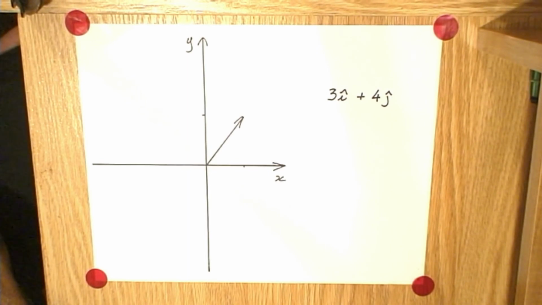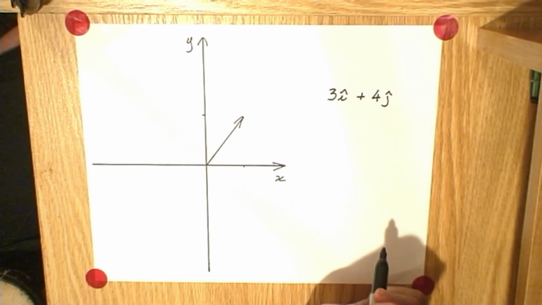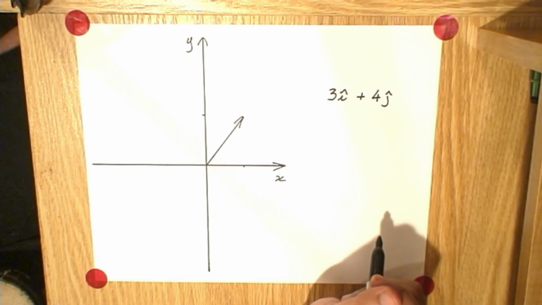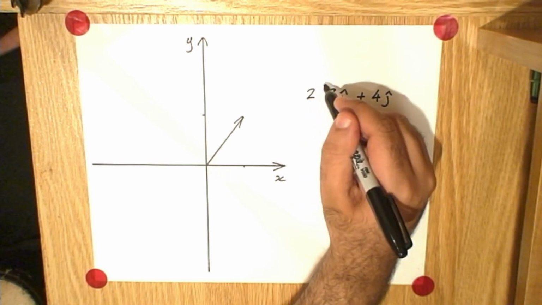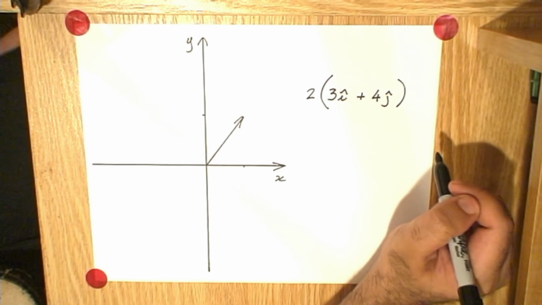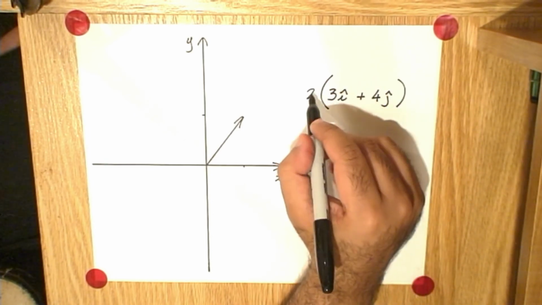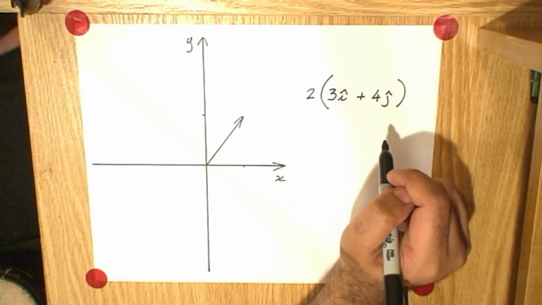Here is a typical vector, 3i plus 4j. Let us suppose that we scale it by a factor of 2. To do this, all we need to do is write the number 2 in front of 3i plus 4j, put some parentheses, and then multiply or distribute the 2 across these two terms.